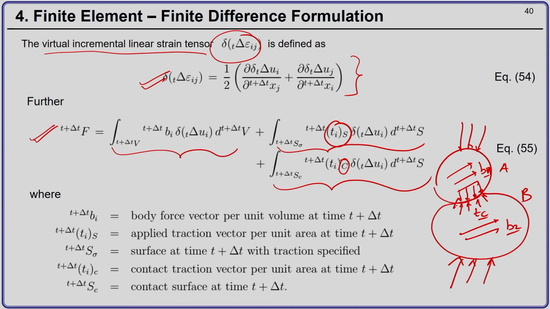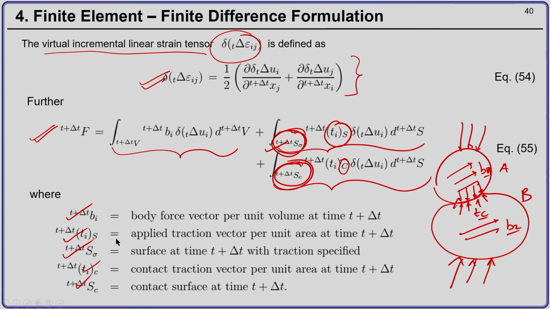One is the normal traction, which is because of the normal contact, and the other is the tangential traction, which is because of the frictional force. So, you have the body forces, you have the applied surface tractions, this is the contact surface, this is the applied traction surface, and this is the contact surface.